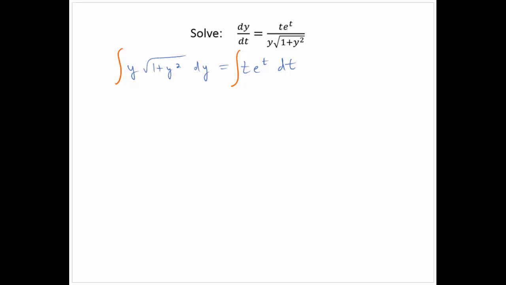So let's see, integrating y times the square root of 1 plus y squared dy, I think this will work with a u substitution. I'll let u equal 1 plus y squared, then du would be 2y dy, so I would need a 2 here and a 1/2 on the outside. And so that would become 1/2 the integral of root u du.